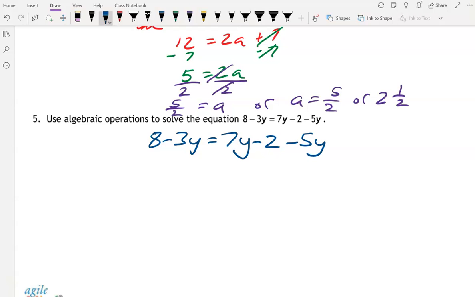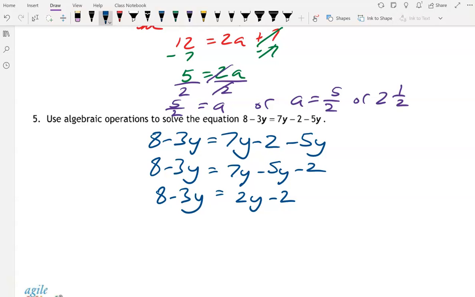Let's get all the y's together on this side. 7y minus 5y minus 2. 8 minus 3y over here. 7y minus 5y is 2y minus 2. 8 minus 3y. I'm going to move my variables to one side.